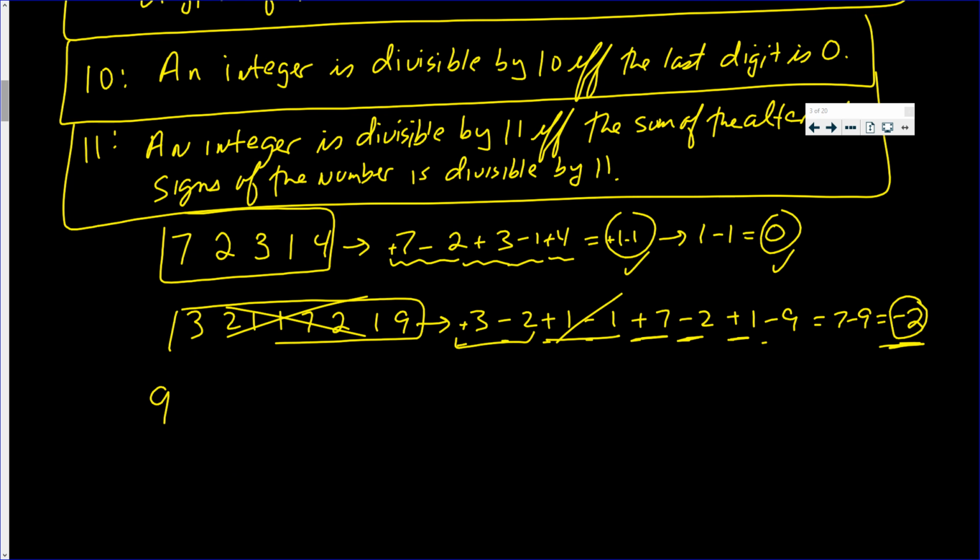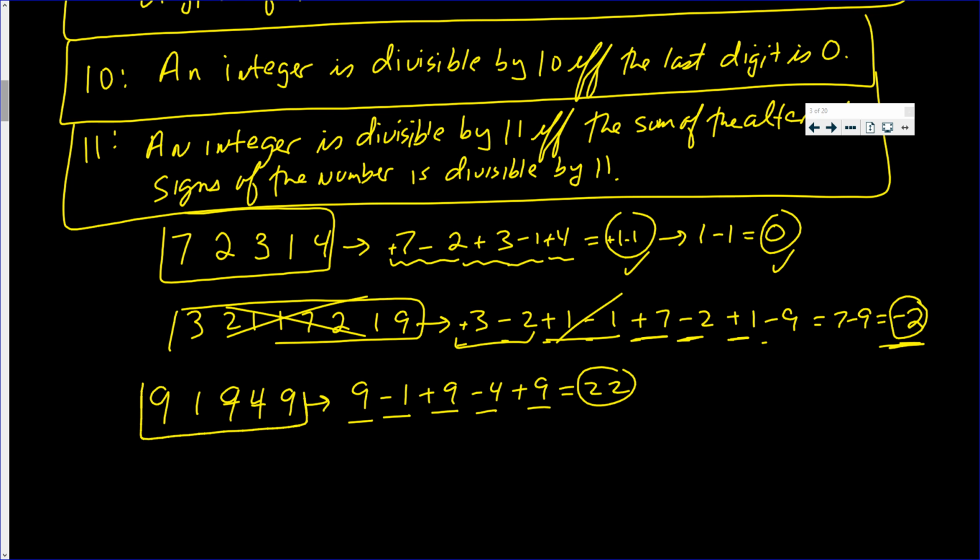For example, 9 minus 1 is 8, plus 9 is 17, minus 4 is 13, plus 9 is 22. 9 minus 1 plus 9 minus 4 plus 9. Since that number is on the 11 table, so is this. That is, they're both divisible by 11.